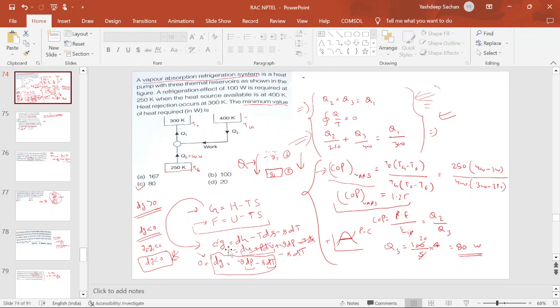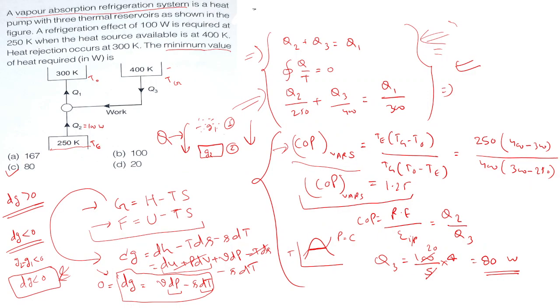Sir, what is the endothermic reaction? Endothermic means when any reaction is happening, in order to make that reaction happen, you have to provide energy to the system. Exothermic means when the reaction happens, energy will be coming out of the system. Let's suppose this is the system.